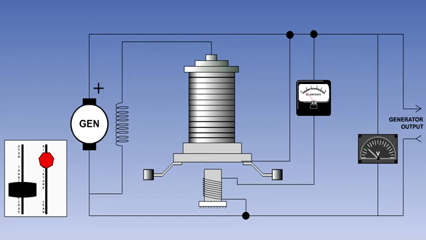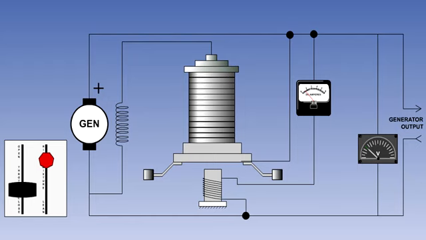Because the control coil has a fixed resistance, and Ohm's law states that voltage equals current multiplied by resistance, the current through the control coil will vary in direct proportion to the generator output voltage. As the current varies, so will the strength of the magnetic field produced by the control coil.